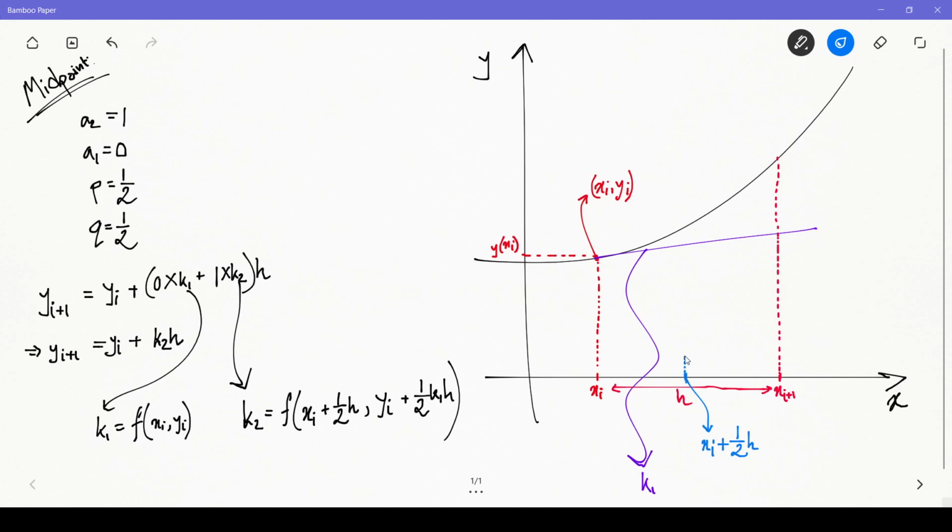If we project it upwards, we end up with the value here. The coordinate over here is xi plus half h, because our abscissa is xi plus half h, comma, and our ordinate is what? yi.